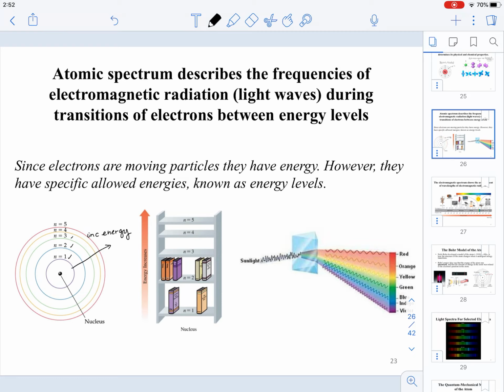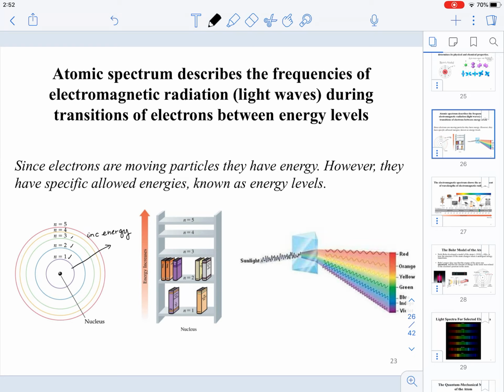It is easier to reach a book at the bottom because it takes less energy than one on the top. Just imagine that the bottom of the bookshelf is the area closer to the nucleus. But at the end of the day, this atomic spectrum is going to give rise to light, and this light is going to be a specific color in the visible spectrum.